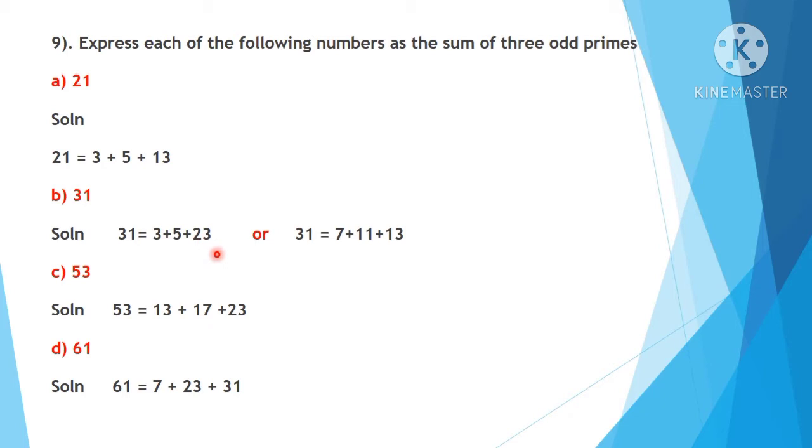They should be odd prime numbers. Only that is the condition. So here, for example, I have given three numbers. You can choose your own three odd prime numbers. The only condition is that when you add the three numbers you should get the answer, and you have to check whether each is an odd number and a prime number. Now let's see the next problem.